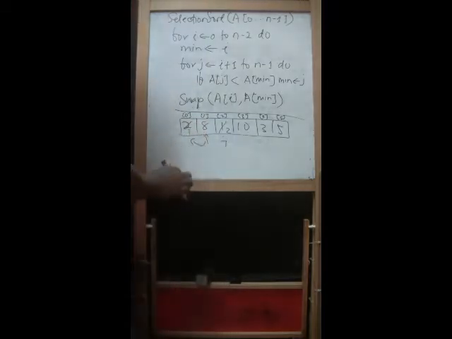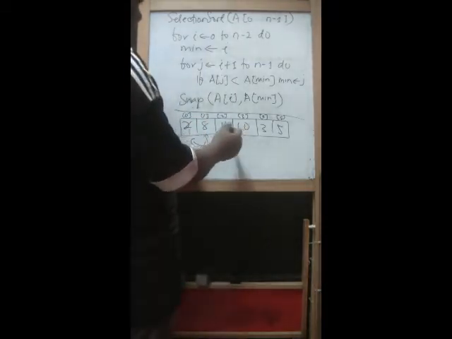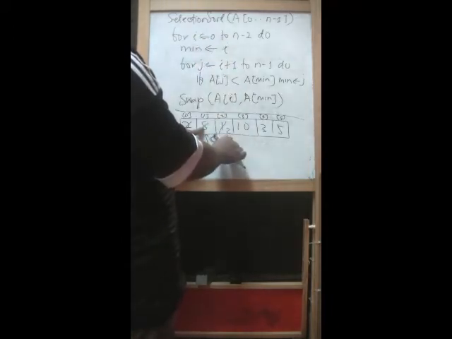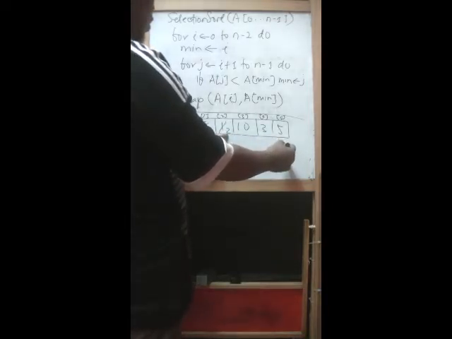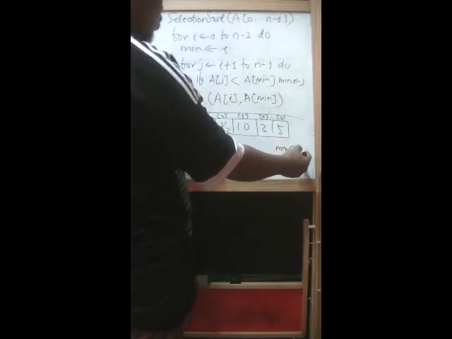Okay, now this is the updated list, and next we compare here to this. 2 to 8 is actually the minimum here because i equals 1. The minimum to 8, this is actually the minimum. We update now, the minimum is 2 in terms of value, but the index is also 2.